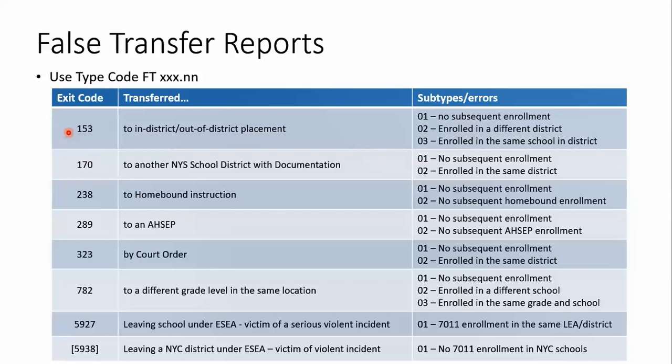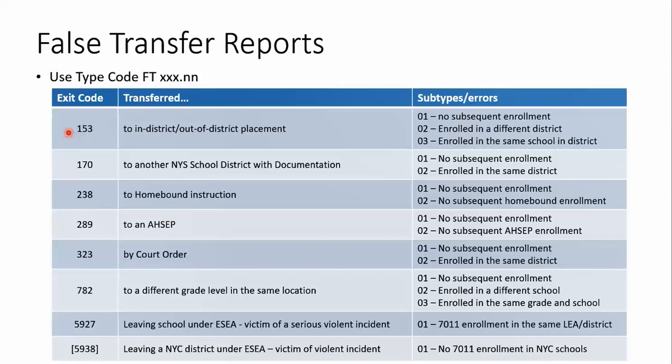And if you note the subtypes that could generate an error for this exit code: if you have no subsequent enrollment reported after you use a 153 exit code, well, that's obviously an error because 153 says you're moving them to another place in your district. So it would be expected that you would then report another enrollment.